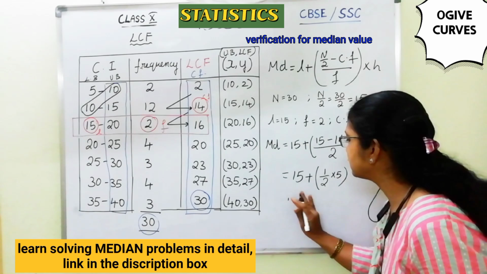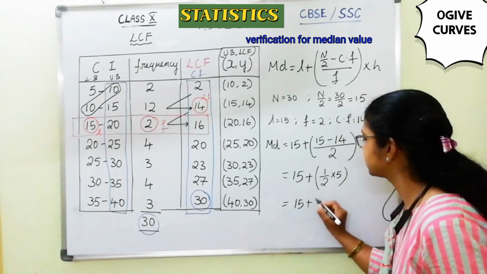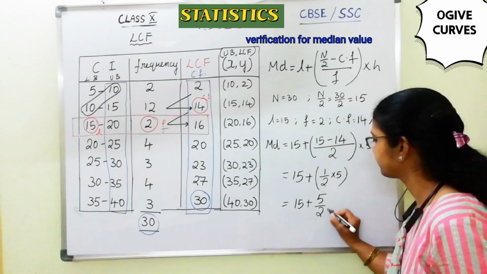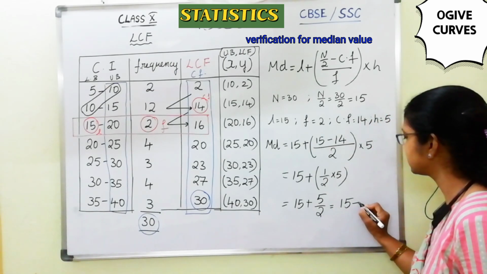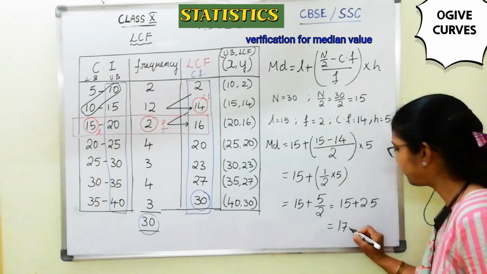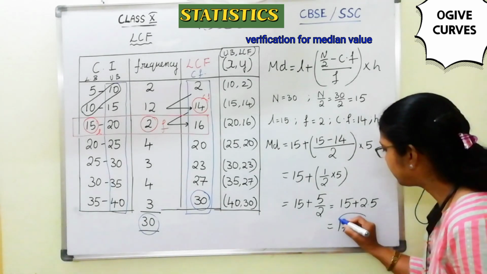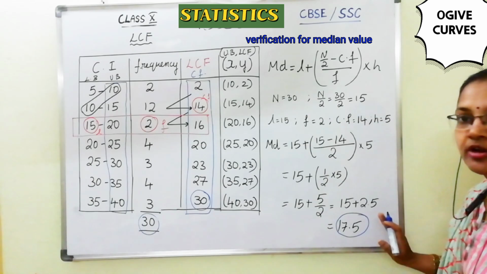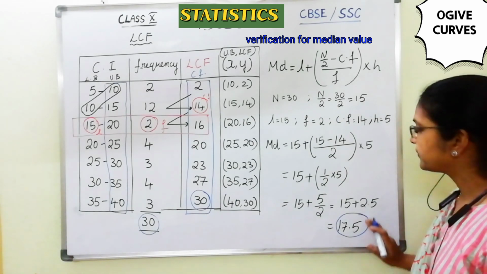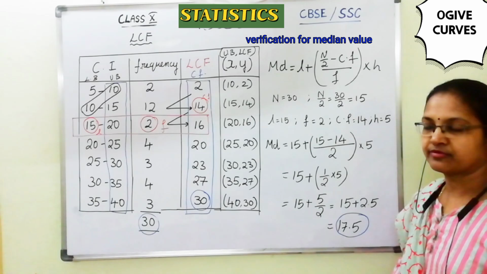So we can take it as 15 plus 5 by 2, that is 15 plus 2.5. The answer is 17.5. Remember this answer. 17.5 is our median answer. This median value can be tallied with the graph.